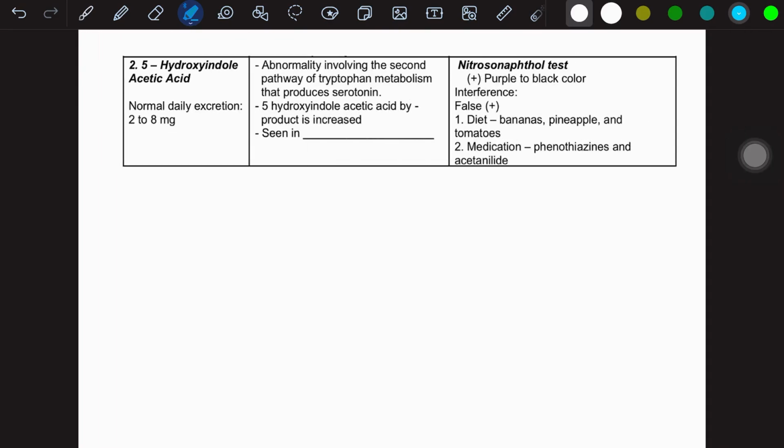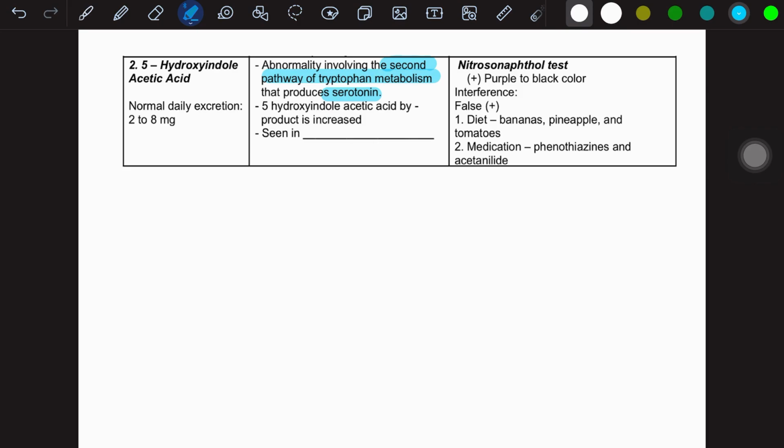Next one, let us proceed with our 5-hydroxyindole acetic acid. This involves the second pathway of tryptophan metabolism, and what it produces is serotonin.